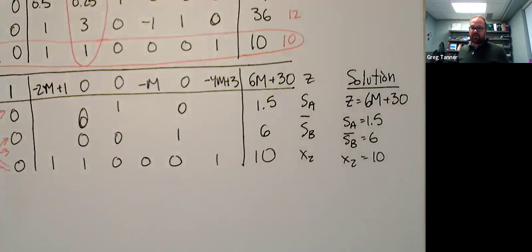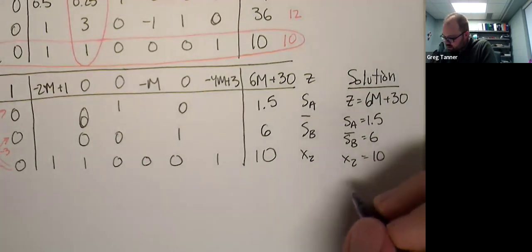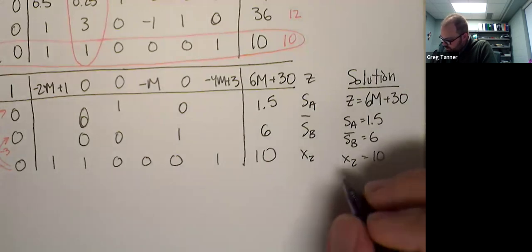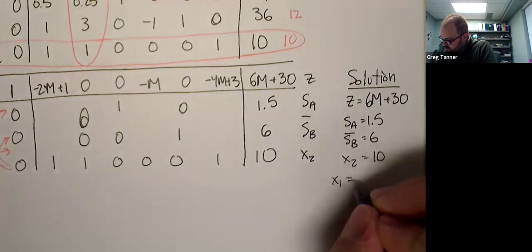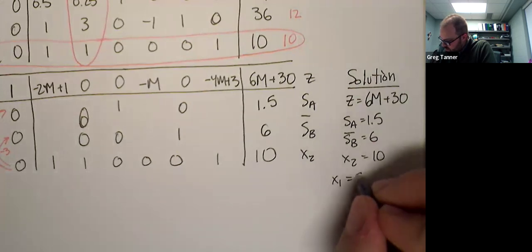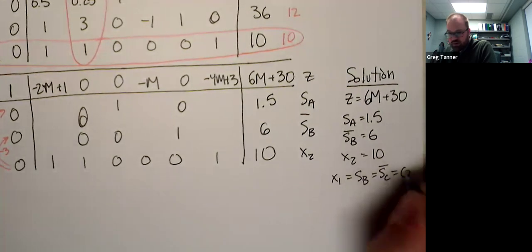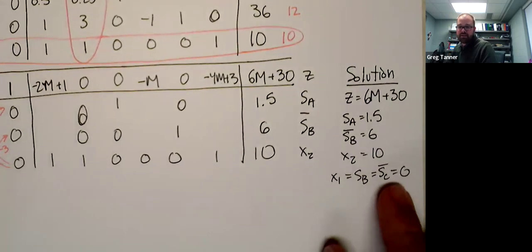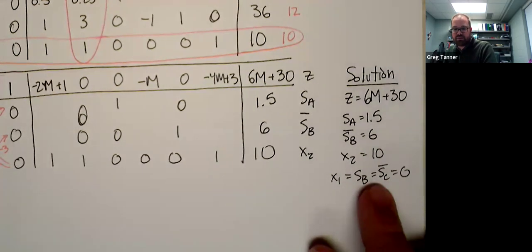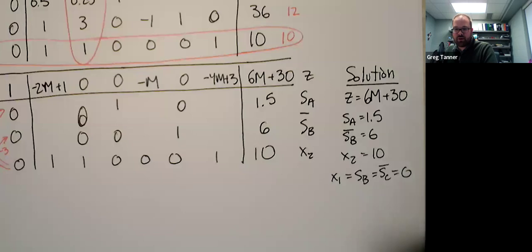So I'm no longer violating the C constraint, because now my other non-basic variables are going to be x1, let's see, SB, and SC bar. Those are all going to be equal to 0. So I'm no longer violating the C constraint, but I'm still violating the B constraint, and I'm not doing any of x1 for that decision variable.